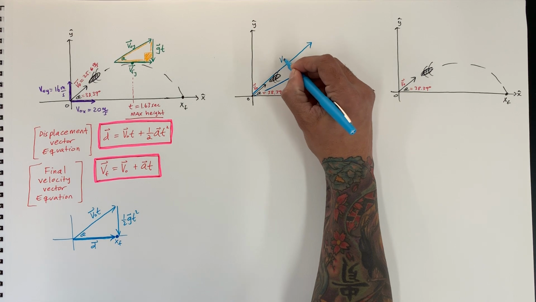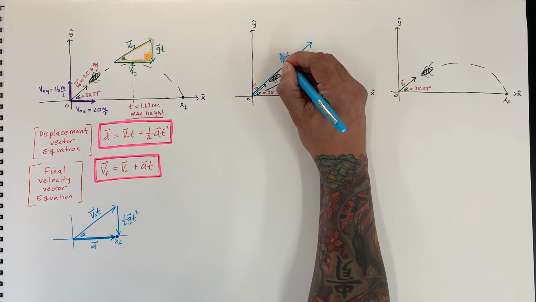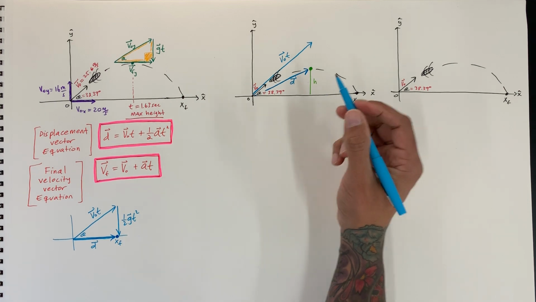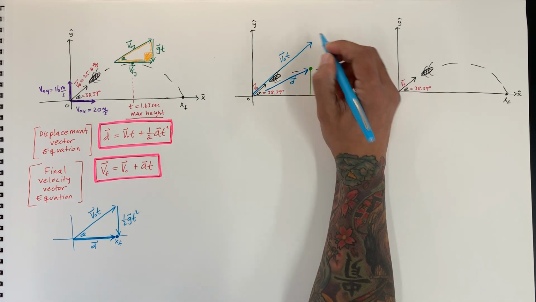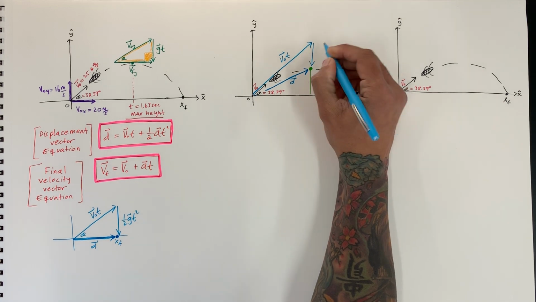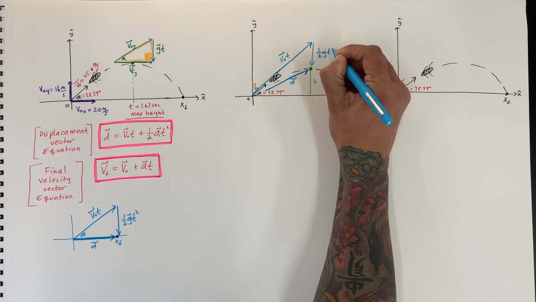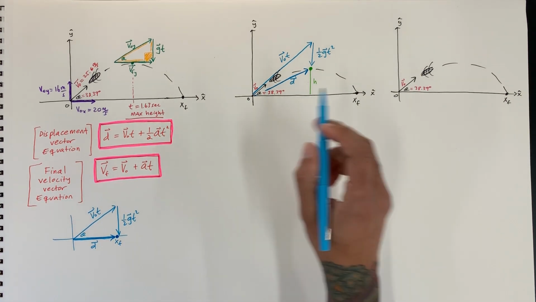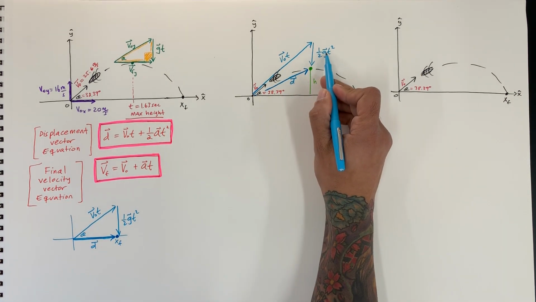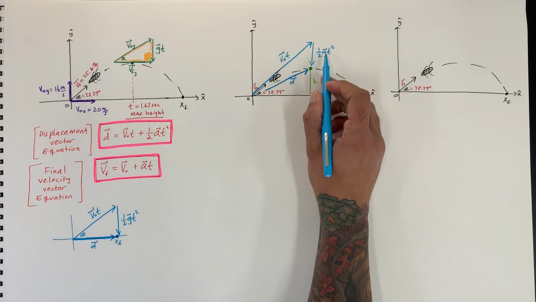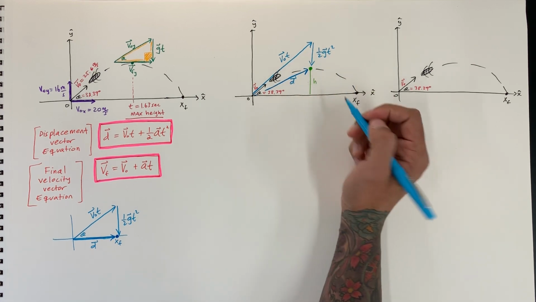Okay, so this is the v naught t vector, v initial t vector. And then finally, like always, we come down like this with our 1/2 gt squared vector, the last part of the vector. And remember, we're using g because it's in the y direction, and acceleration in the y direction is equal to gravity.